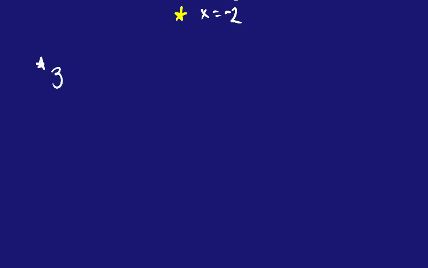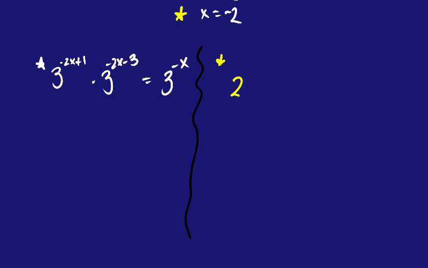So 3 to the negative 2x plus 1, and then times 3 to the negative 2x minus 3 equals 3 to the negative x. And then I'll do a different one. I'll create a little divider there. And then another one, let's do 2 to the x times 1 over 32, and then equals 32.